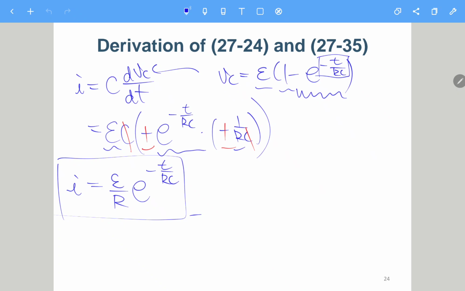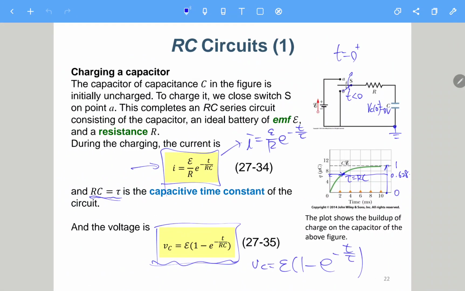Okay, so that's why we need to know how to solve the constant coefficient ODE. Otherwise, we may not be able to know why it behaves like that.